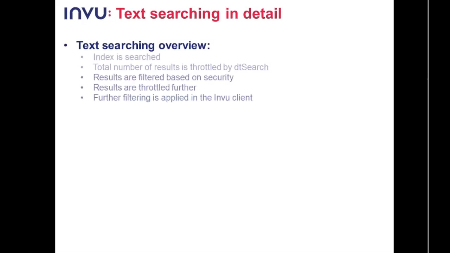Right, text searching in a little bit more detail. The text search primarily looks at an index. So an index is built for all documents and all words within those documents.